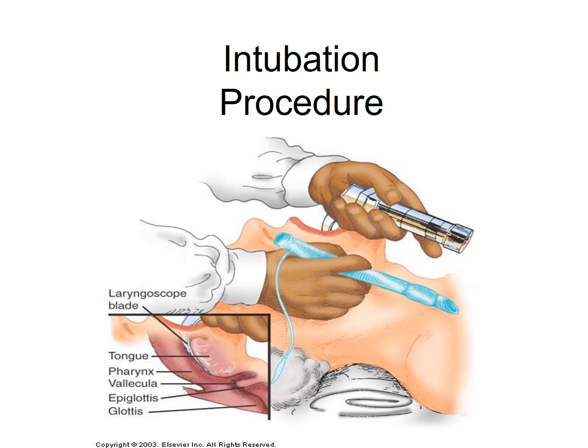Once the epiglottis is visualized, just lift the epiglottis and visualize the trachea. Slowly insert the endotracheal tube into the trachea. The cuff on this endotracheal tube should remain below the epiglottis. Then inflate the cuff.